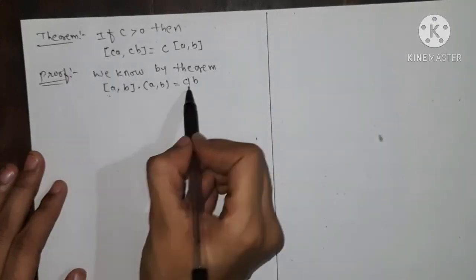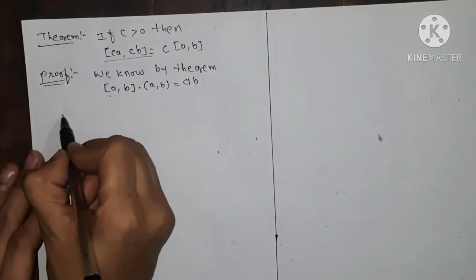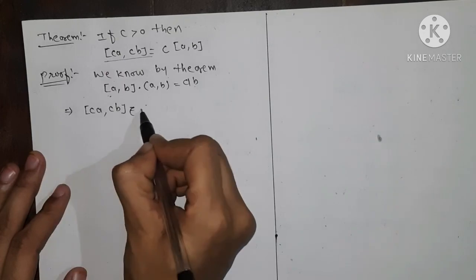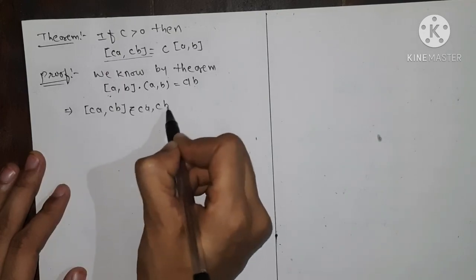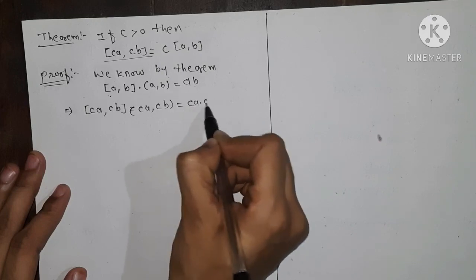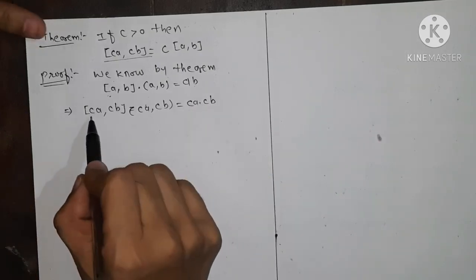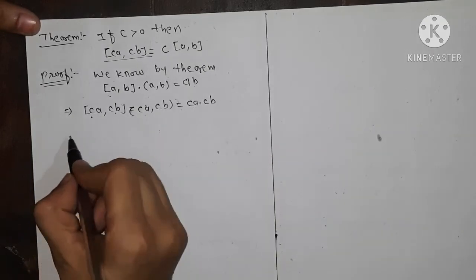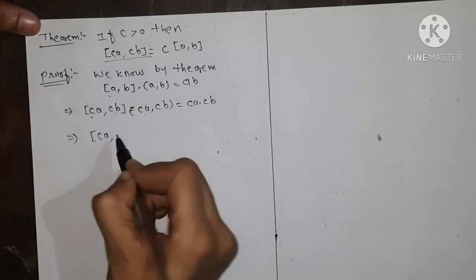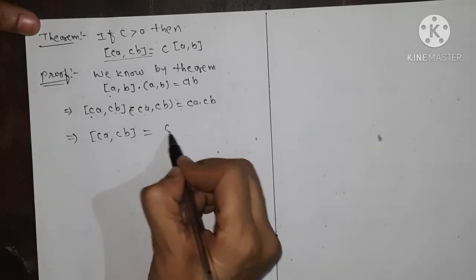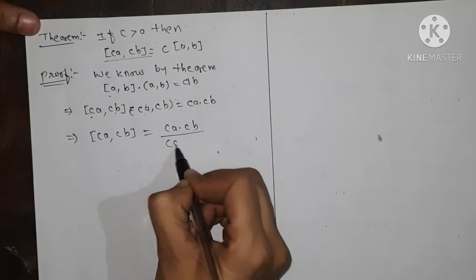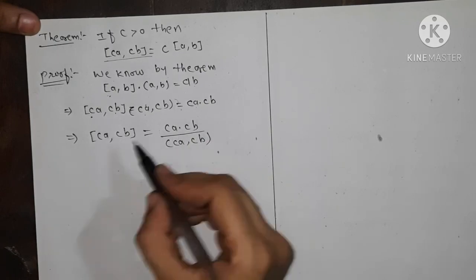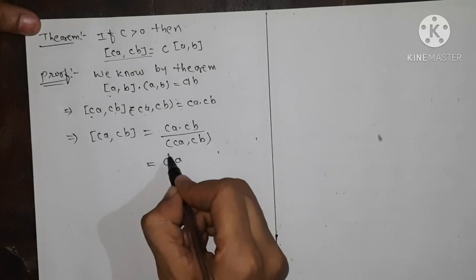Okay, so from this theorem we can write that LCM of CA comma CB into GCD of CA comma CB is equal to CA into CB. So this implies the LCM of CA comma CB is equal to CA into CB upon GCD of CA comma CB, which is equal to, now we can take C common here, so it is C square AB.